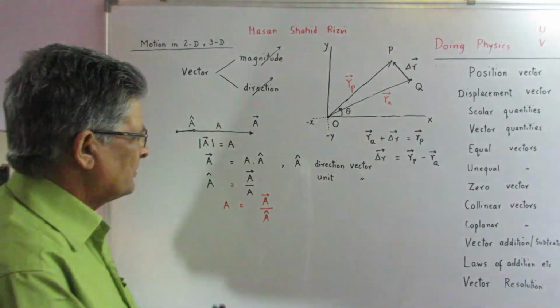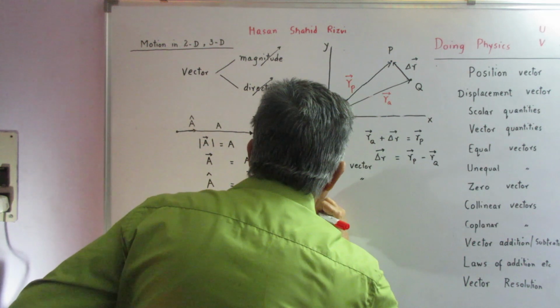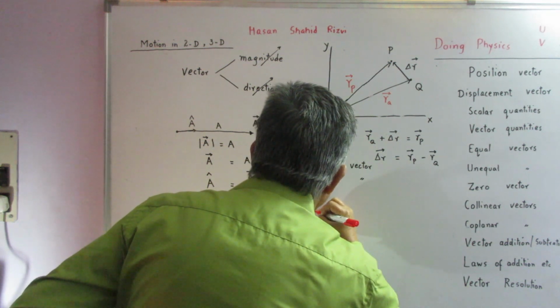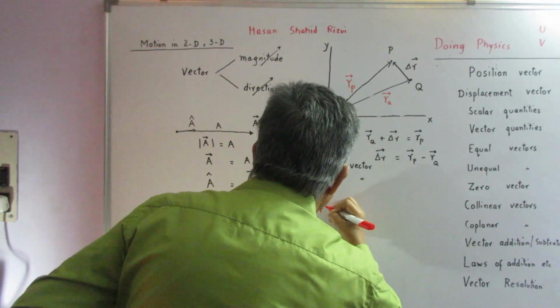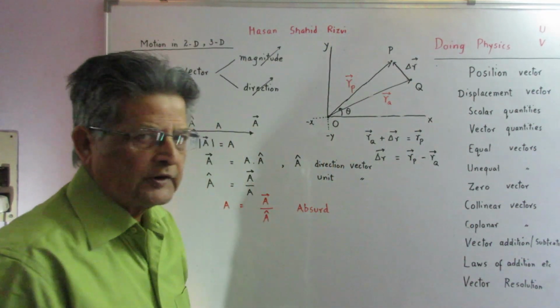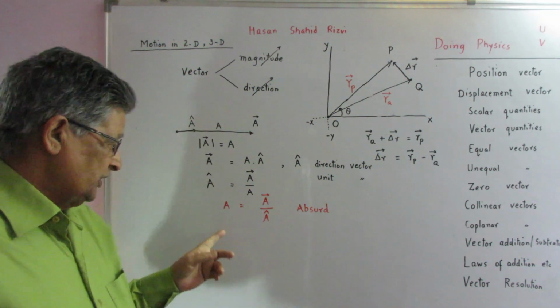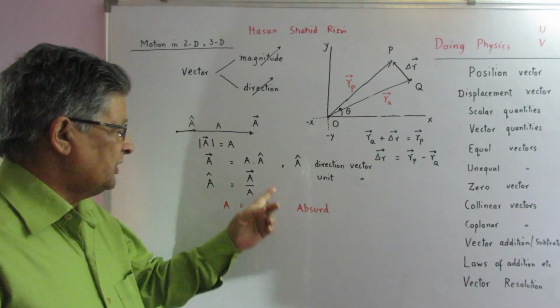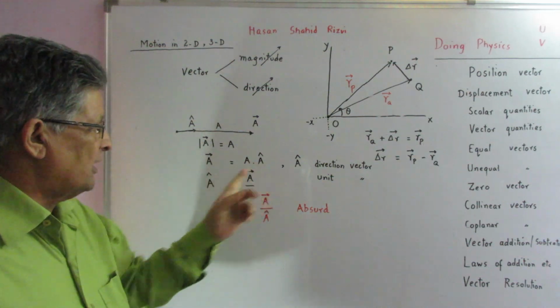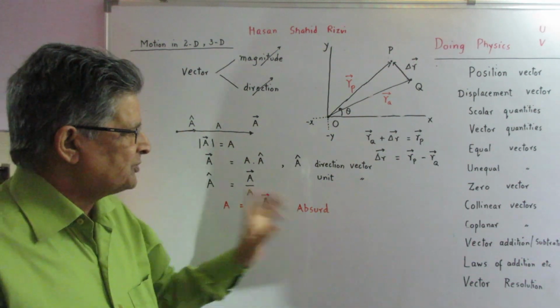This is an equation which we can call absurd, nonsense, idiotic, etc. Why is it that this equation, which appears to be so simple and which we can obtain from the vector representation that we have, is absurd?